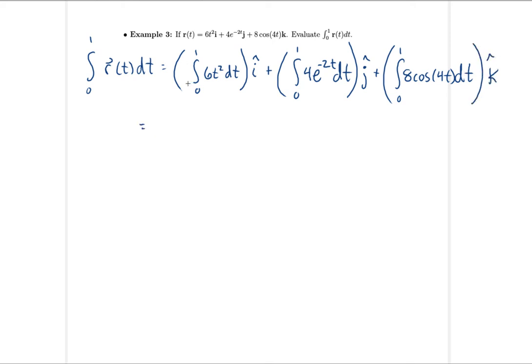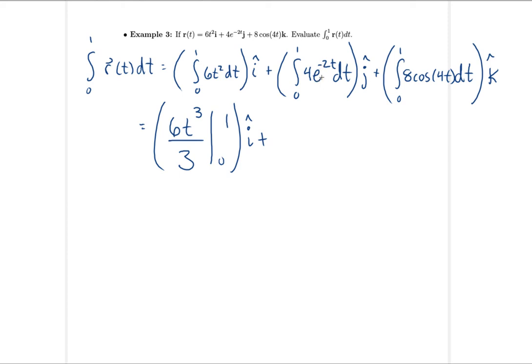Now the first one's pretty straightforward. This is just the power rule for antiderivatives. So, I go 6t to the third divided by 3 from 0 to 1. It's not bad.